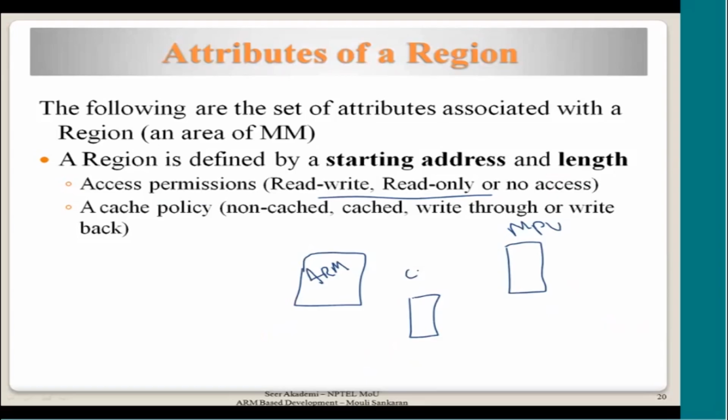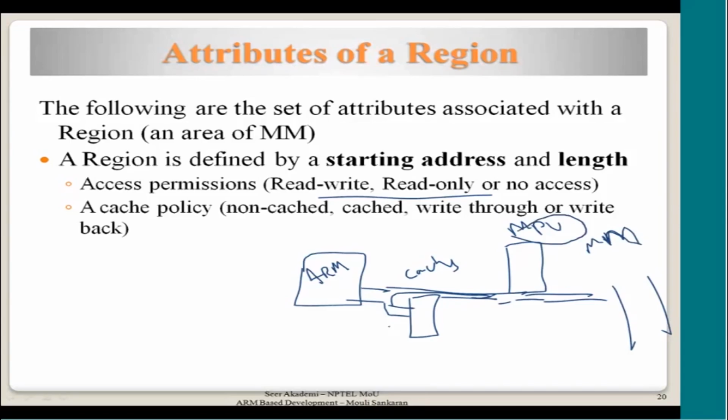Cache can be here, and the address may go here as well as to this, and then it will go to memory. Sorry, it is not that while an MPU is there, cache cannot be there. Cache can very well be there. Only an MMU cannot be there.